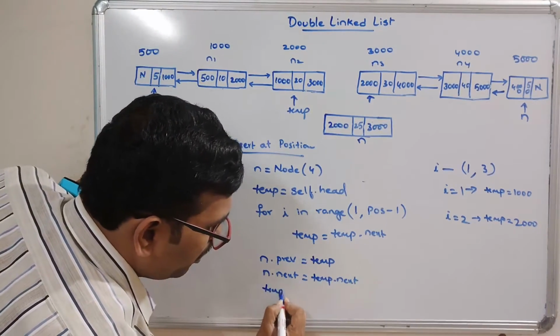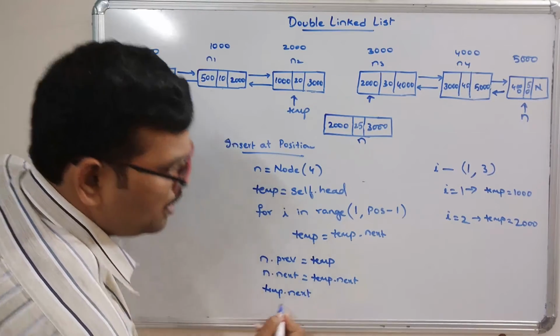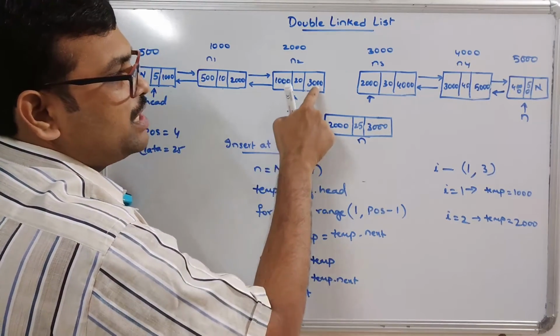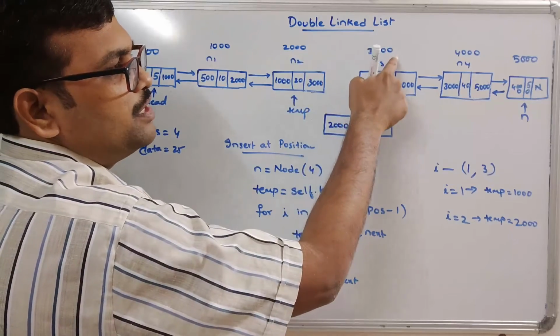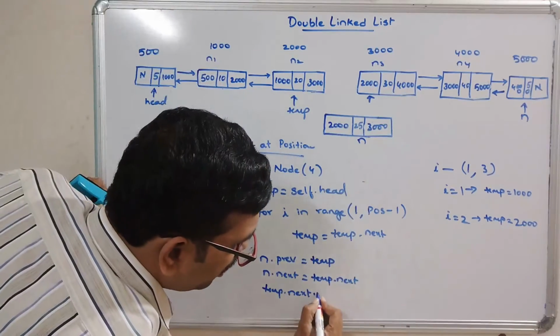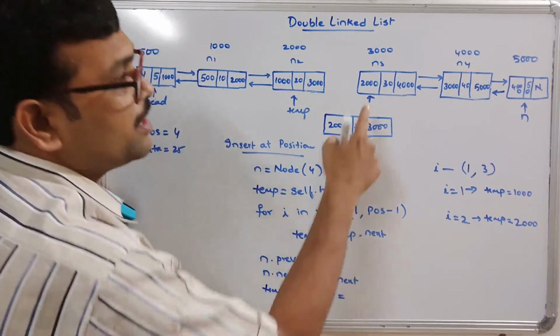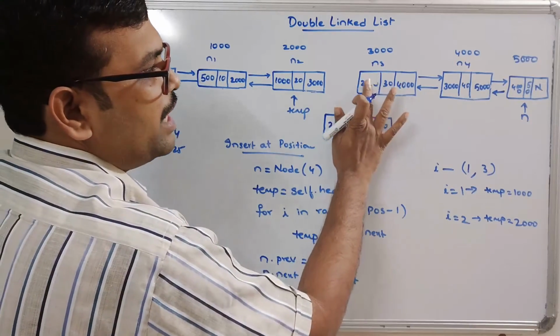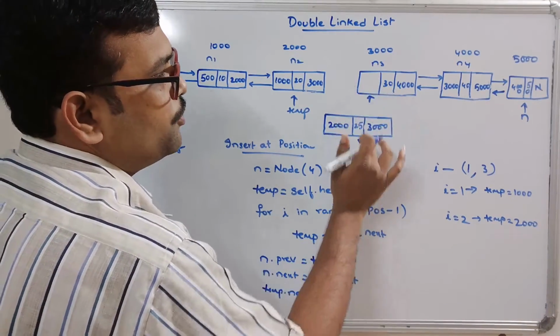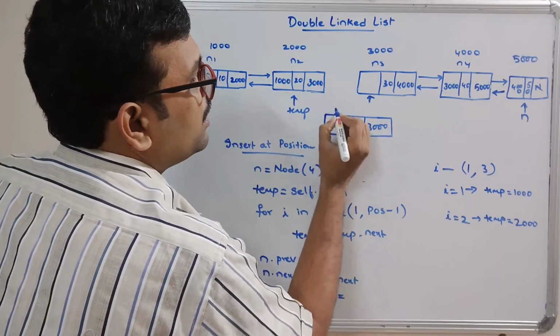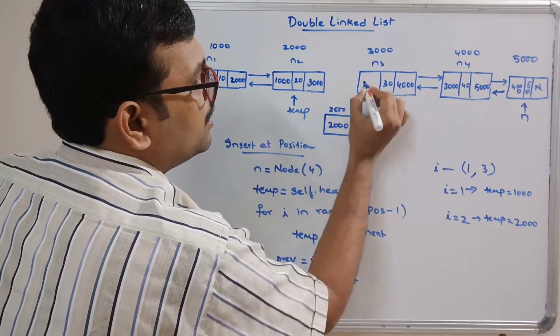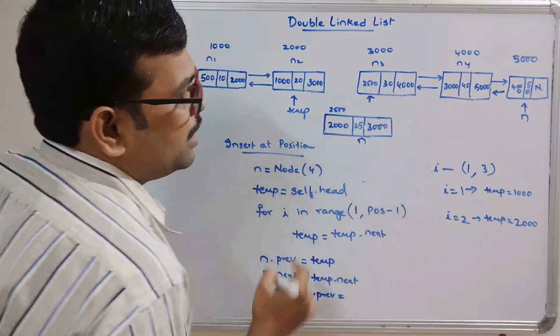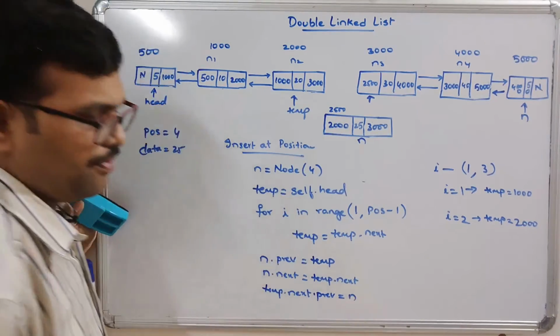Simply temp dot next, which means 3000. This field dot previous, automatically this one. And what is the address here? It should be the new node, that is, let it be 2500. So this 2500 should be here, that means n.